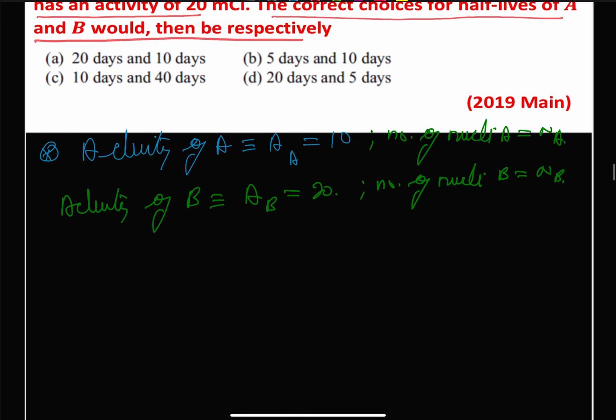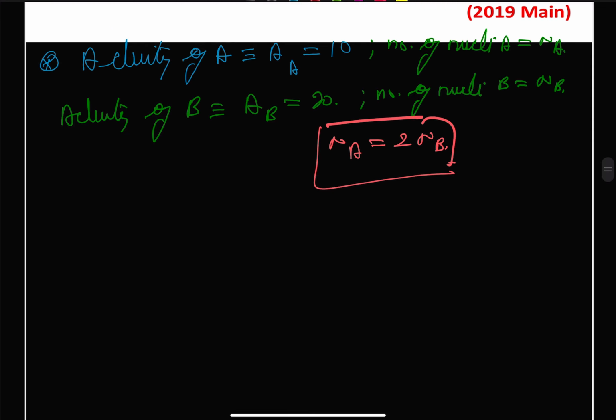So therefore the relation between N_A and N_B, we can write N_A is equal to twice of N_B. We have to find out their half-lives. Okay. So we can just use the activity formula.